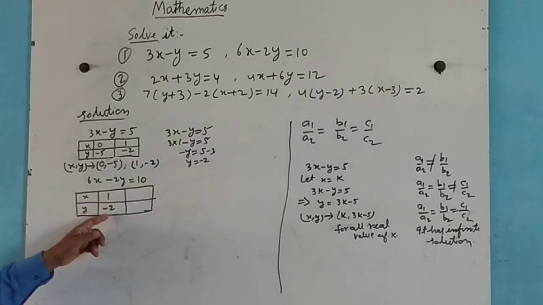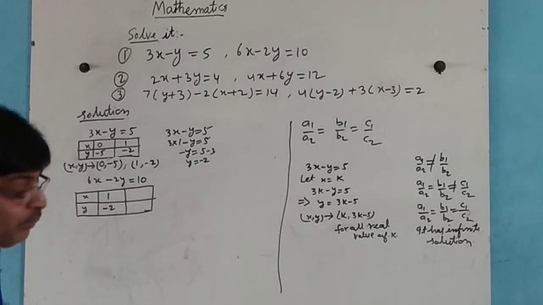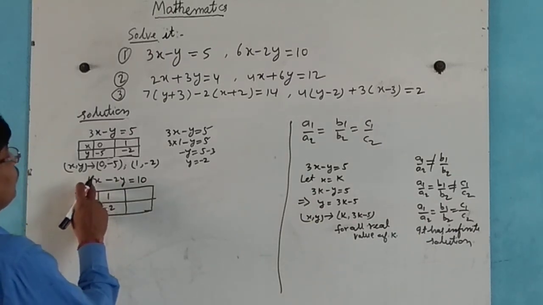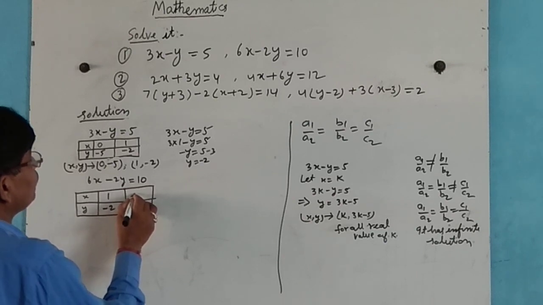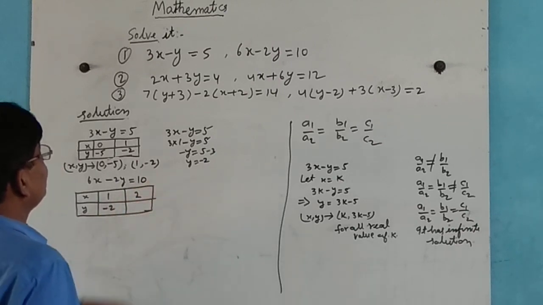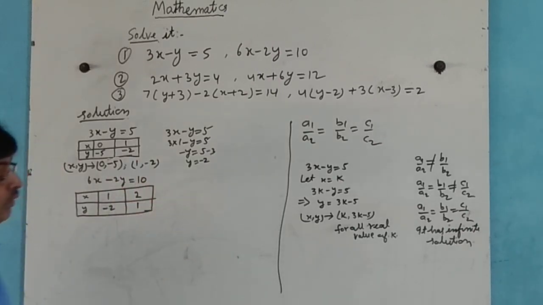If x is equal to 2, 6 times 2 is 12, minus 2y equal to minus 2, y is equal to 1.